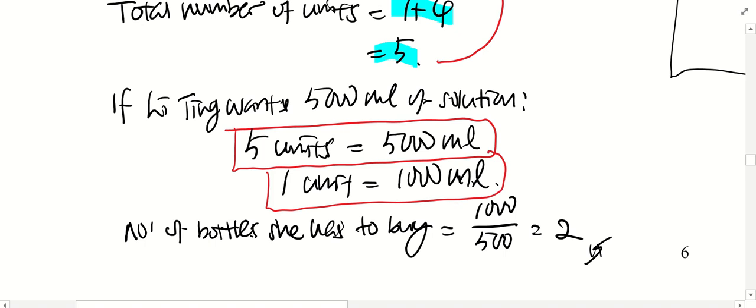So I need 1000 milliliters of the concentrated version of the detergent. How many bottles is needed? Well, it's just 1000 divided by 500 milliliters, because each bottle comes in 500 milliliter size, and I get the answer of 2. So Li Ting needs to buy 2 bottles of the concentrated solution in order to make a 5-liter mixture.